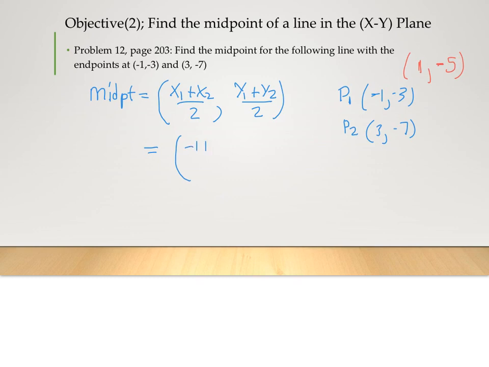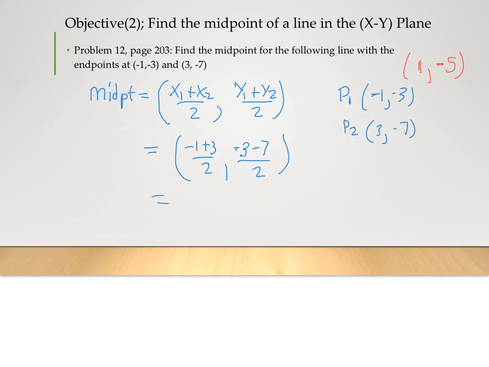So now I have my midpoint to be negative 1 plus 3 divided by 2 for my x position. And for my y position, it's negative 3 minus 7 divided by 2.